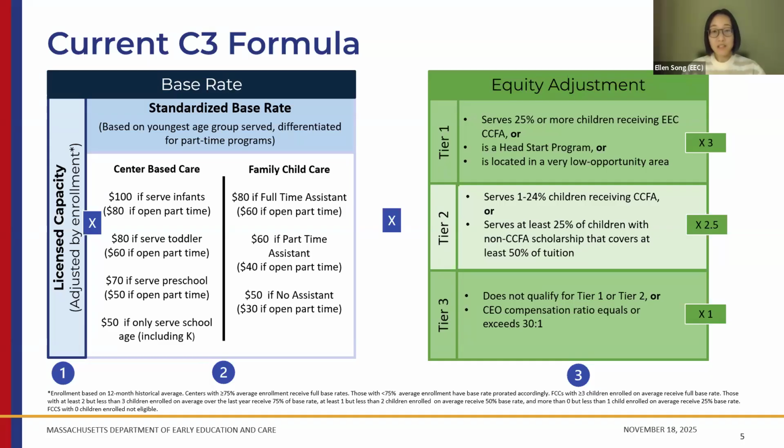That percent is calculated based on a 12-month look back, and we take the highest percent reported in those past 12 months, and that is used to determine which tier as one criteria for one of the tiers. You can see further the different tiers carry their own multiplier amount and also carry their own criteria as well.